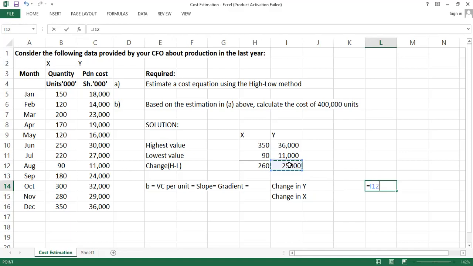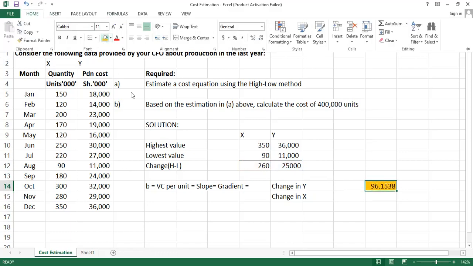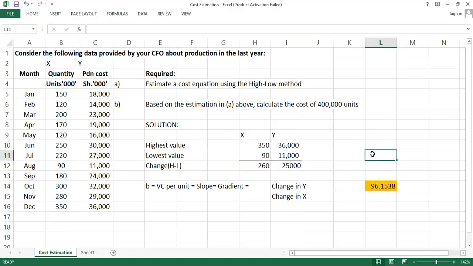So you'll take change in Y, you divide by change in X, the 260. The value of B is that figure. That's what we get. So what we get is 96.15. And that's how we compute B.